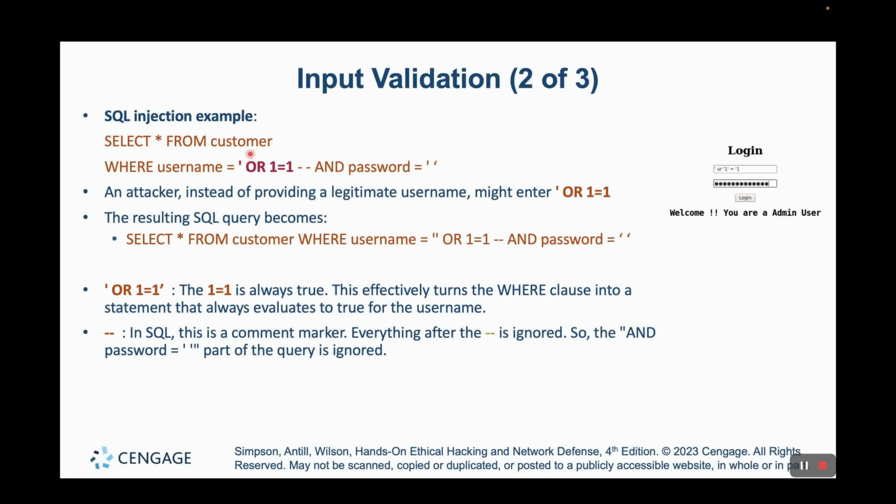The part you see in red is always true, so the WHERE clause will always evaluate to true. This means the attacker will be able to retrieve all rows in the customer table, regardless of the value entered for the username and password. And that's a major flaw.